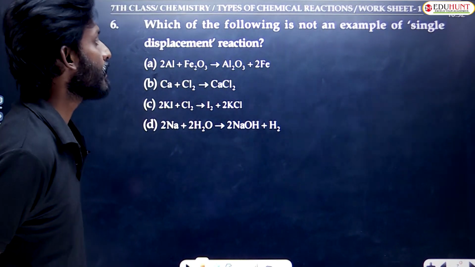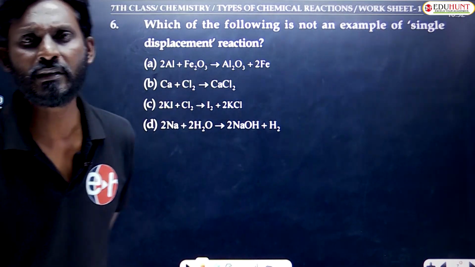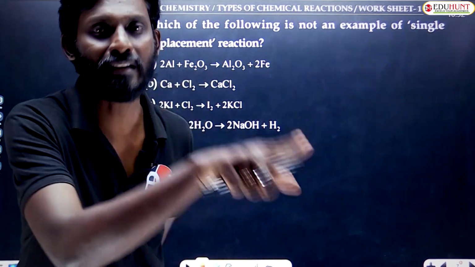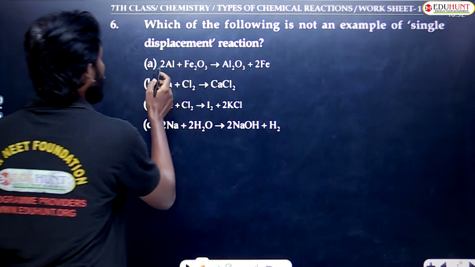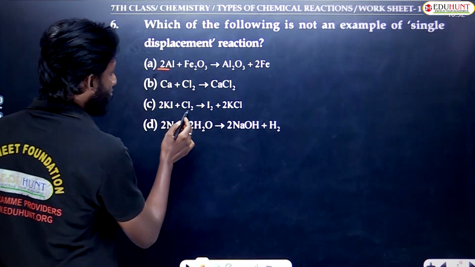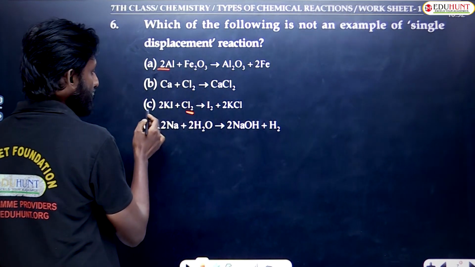Next, which of the following is not an example of single displacement? Single displacement means one element displaces another element from the compound. Here aluminium displacing iron, yes. And here chlorine displacing iodine. It is also single displacement.